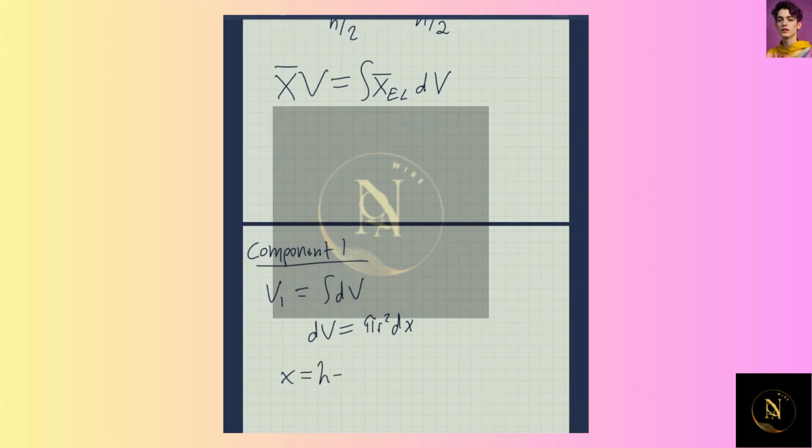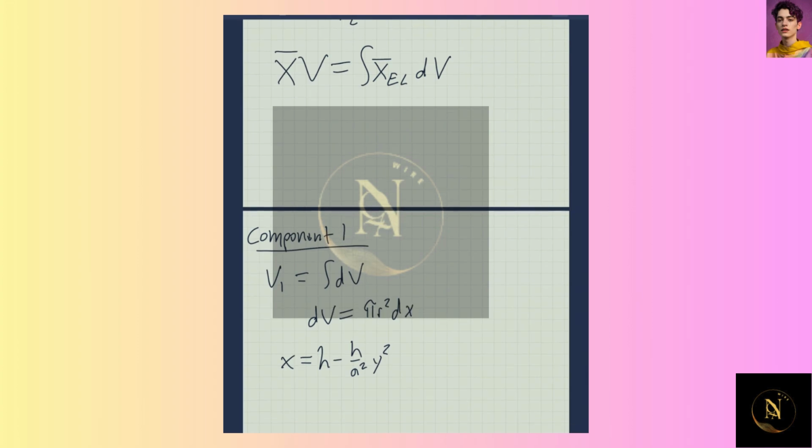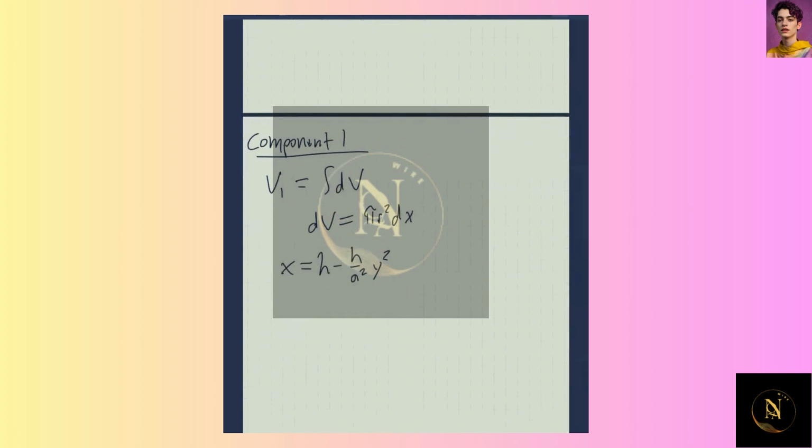Now the equation of this paraboloid is x equals h minus h over a squared y squared. And since we know that, we can substitute out r, because we don't know the radius, but in this problem we're allowed to use the height as something that's known, the height of the paraboloid.